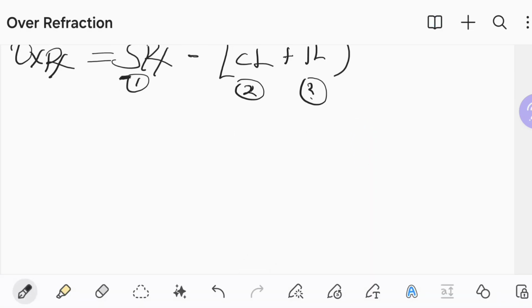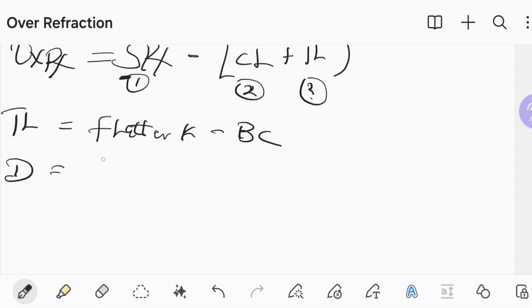To get the tear lens power, we have to subtract the flatter K minus the base curve. We were given the base curve in millimeters, so we have to convert it to diopters. To do this, we use this refractive index constant over the BC in millimeters. That's how we convert it to diopters.